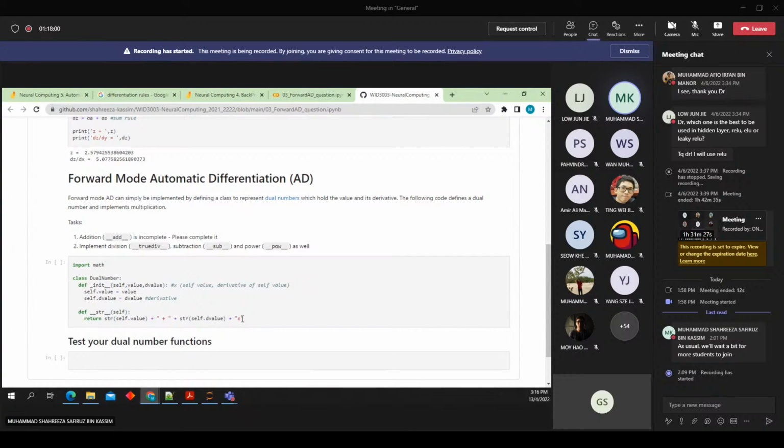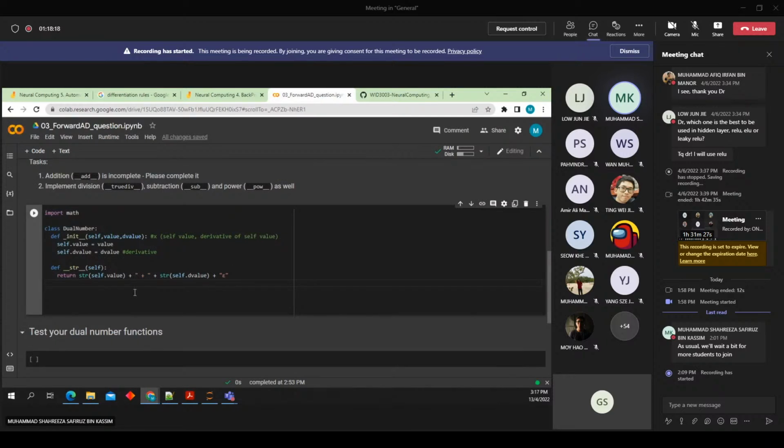Because you need this symbol, I guess, the epsilon. And we'll go through the exercise. And then maybe afterwards, after we've progressed some more, I'm going to upload the file some more.